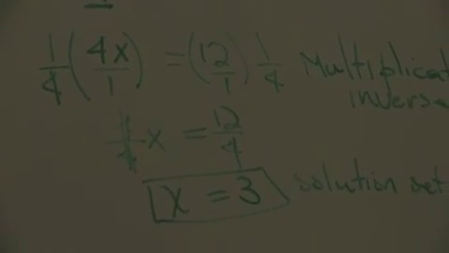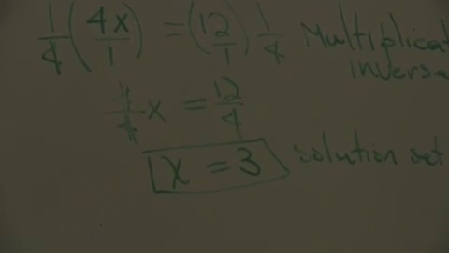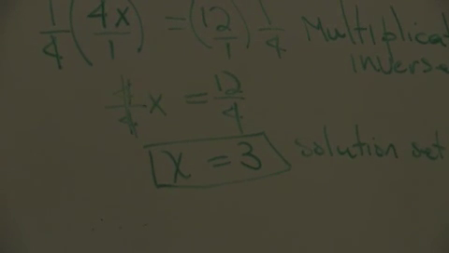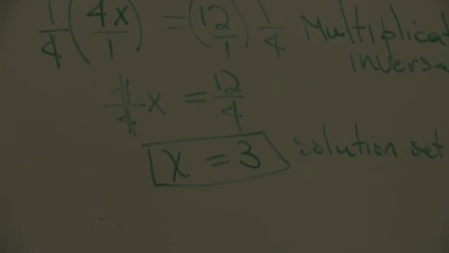That is the multiplicative inverse, and apply the distributive property, we have 4 over 4 x equals 12 over 4. Hence the 4 cancels out. We have x equals 3 with the rational number simplified.